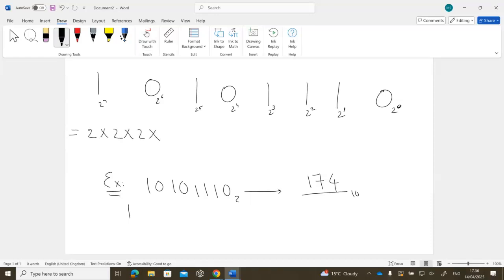If you remember from your school lectures: 1, 2, 3, 4, 5, 6, and 7. 2 2s are 4, 8, 16, 32, 64, and then what we got? 128. Are you sure, guys? Yes, sir. So we got 128 for the first one.